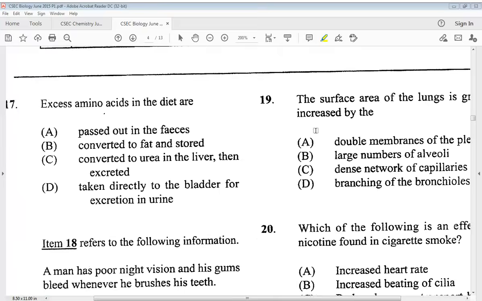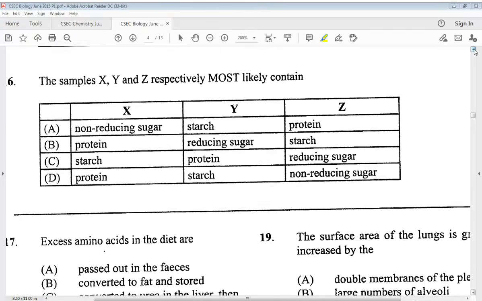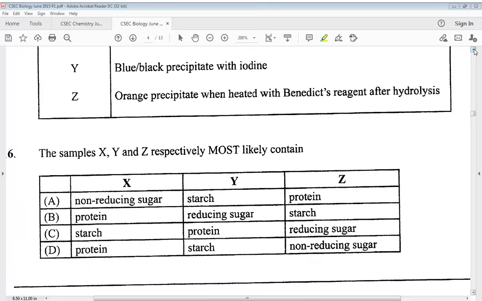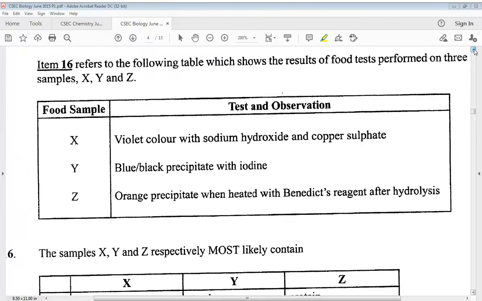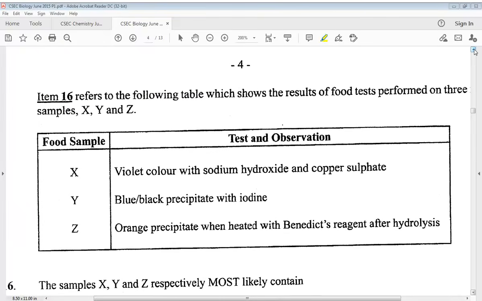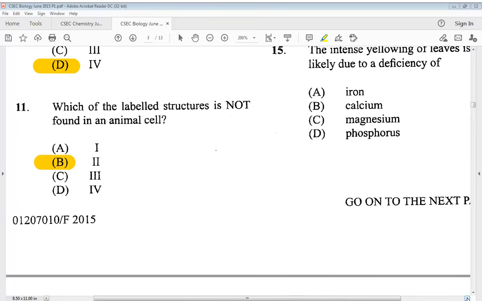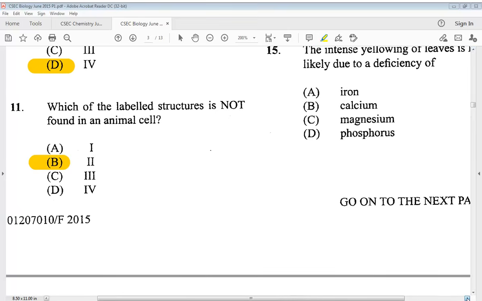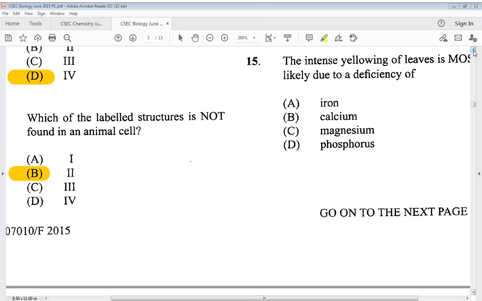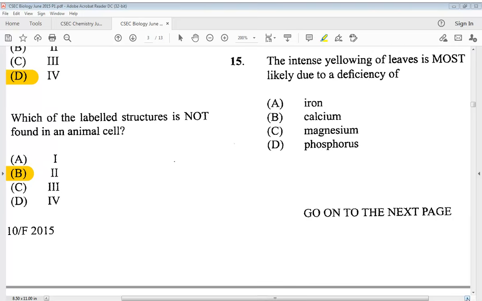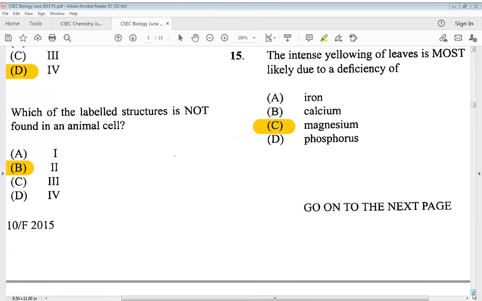The intense yellowing of leaves is most likely due to a deficiency of A, iron, B, calcium, C, magnesium, or D, phosphorus. The answer is C, magnesium. Let's go to 16 now.